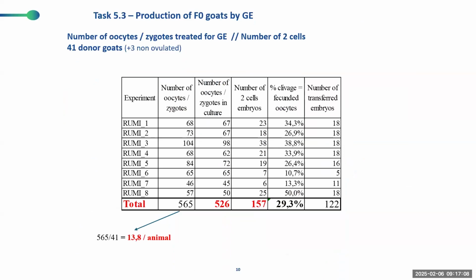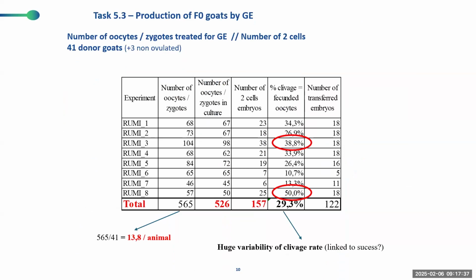So very briefly, we have done 8 experiments. We have manipulated more than 500 embryos, and you see that of these manipulated embryos, 157 cleaved to the 2-cell stage.